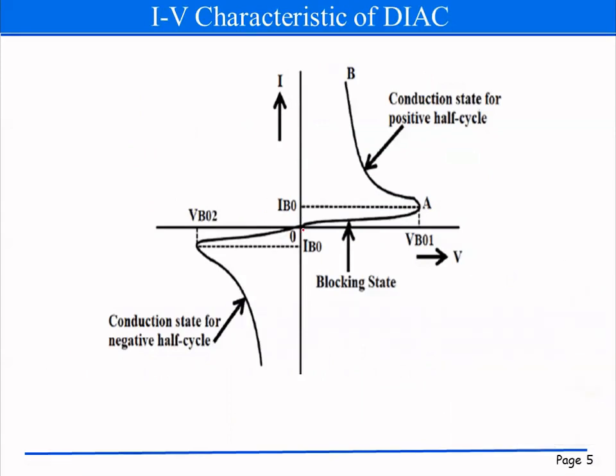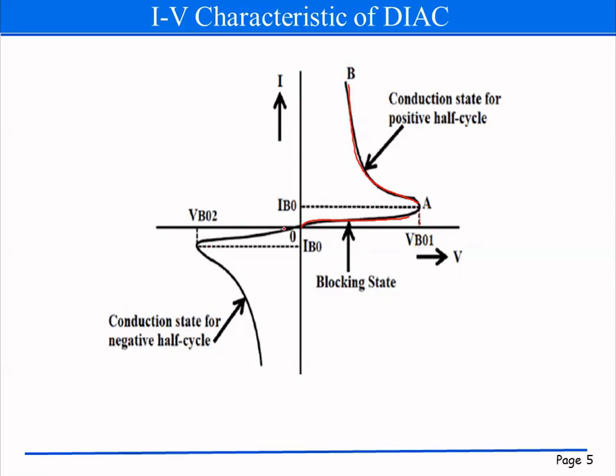Initially the device is off because two junctions are forward biased and one junction is reverse biased. The current starts to flow suddenly when the voltage between MT1 and MT2 is greater than the VBO voltage. At this point an avalanche breakdown occurs, and current suddenly starts conducting.